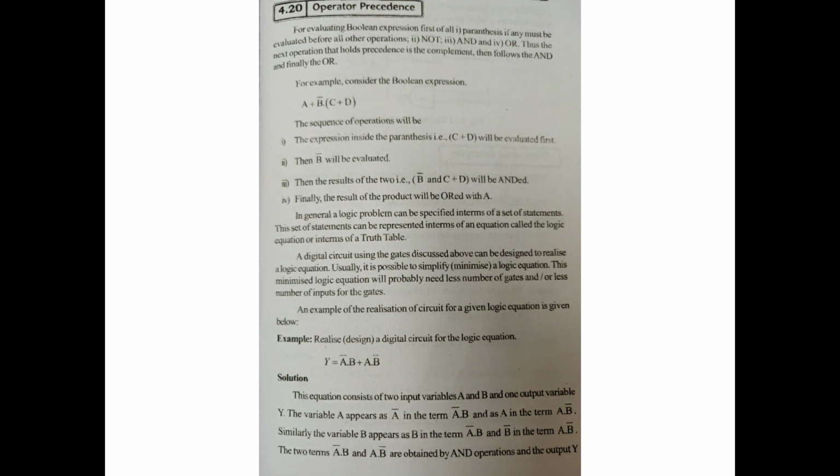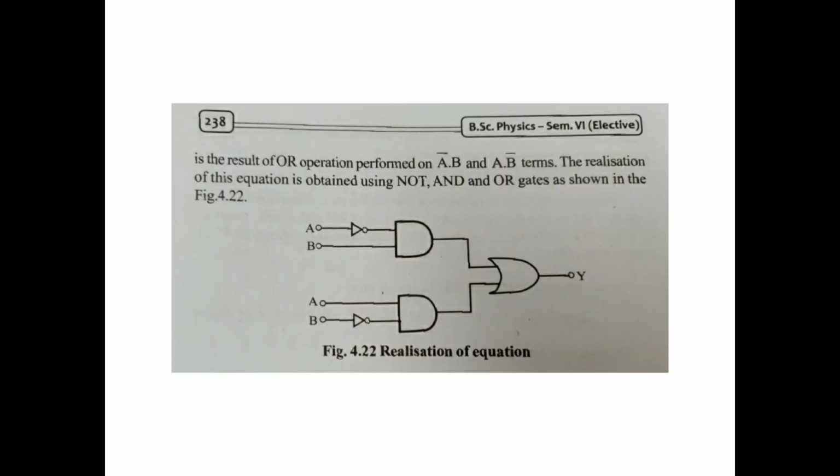Similarly, the variable b appears as b in term a bar dot b and b bar in the term a dot b bar. The two terms a bar dot b and a dot b bar are obtained by AND operations, and the output y is the result of OR operation performed on a bar dot b and a dot b bar terms.